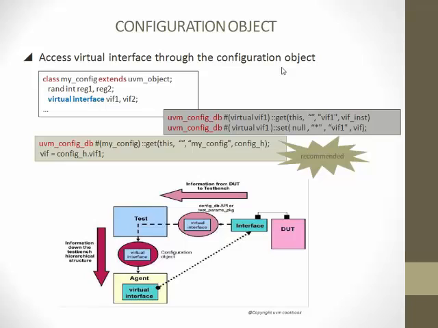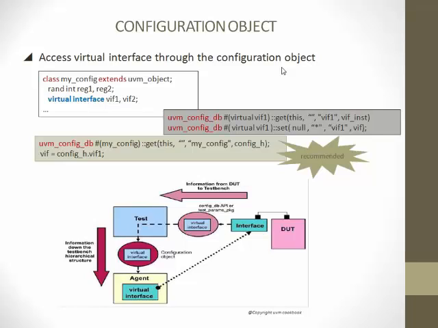So how do you do this? If you see here, I have the DUT here and I have the interface. Well, what you need to do is within the top test bench, you actually push the virtual interface inside the configuration database. Within the test, you get that virtual interface and assign it to the configuration object virtual interface. And then again set that particular configuration object back into the configuration database.